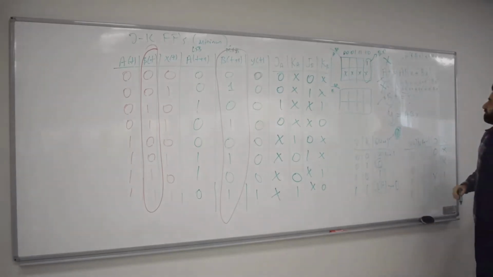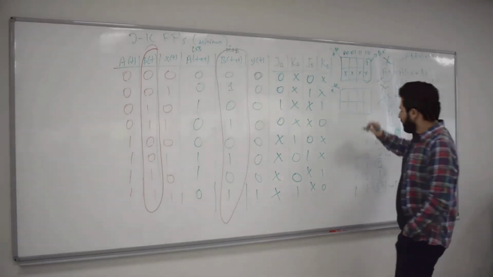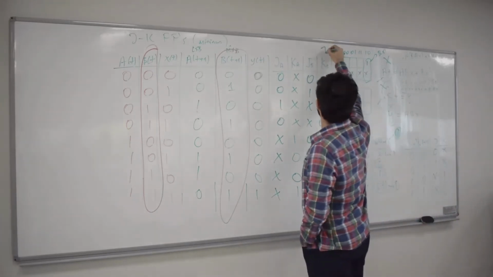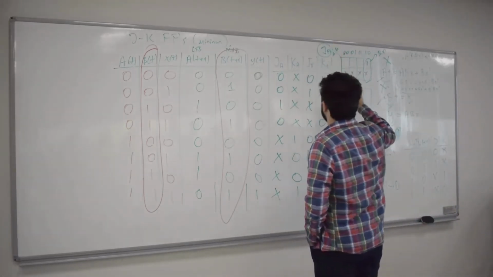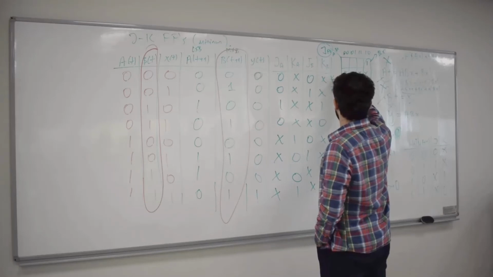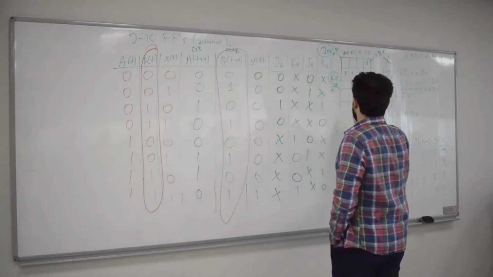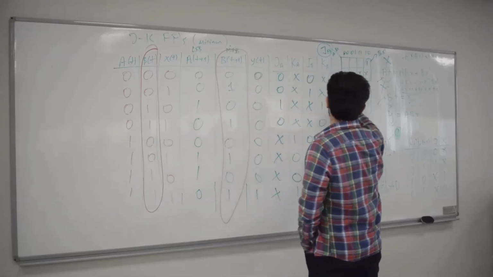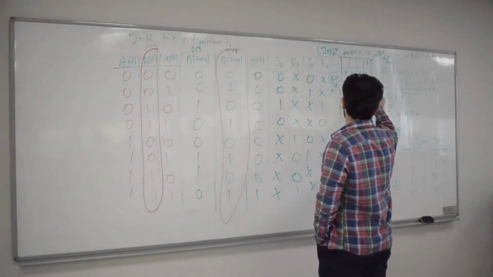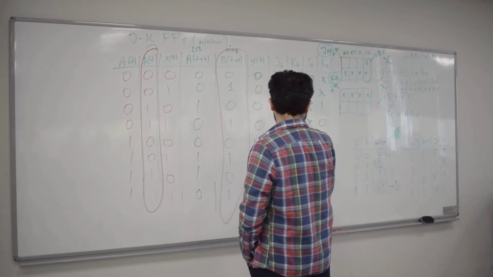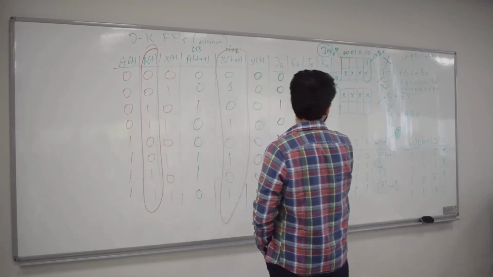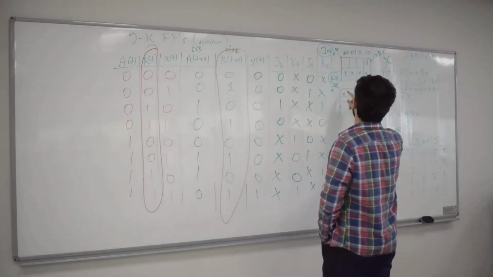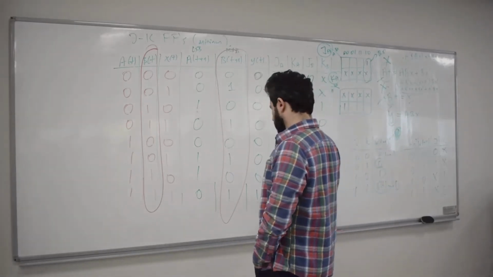Okay, so this is your JA. Let me draw it here. And let's say this is your KA. In KA, when A is 0, I have don't cares, all these don't cares. And there's a 1 here for 1, 0, 0, and a 1 here for 1, 1, 1.